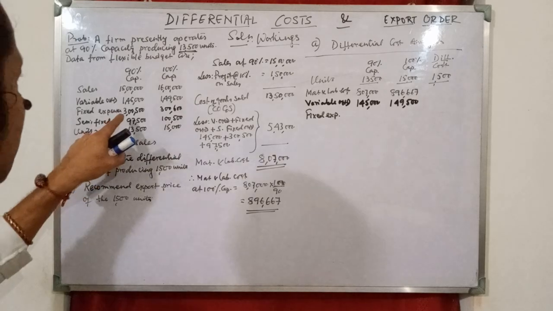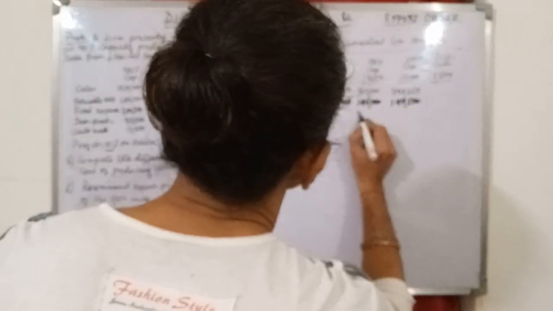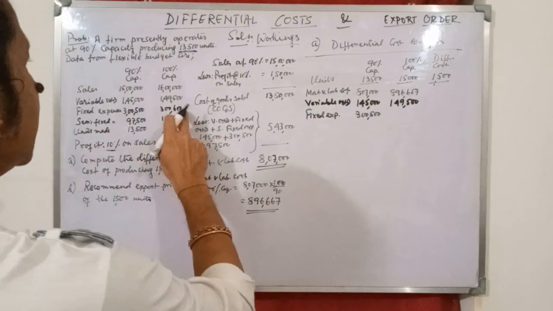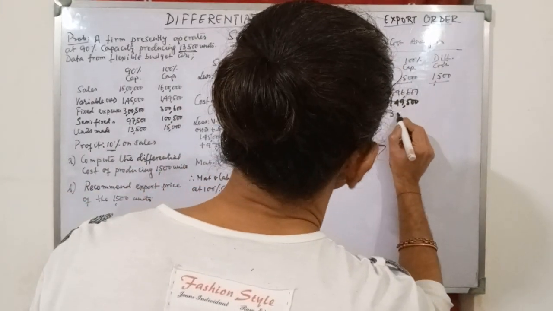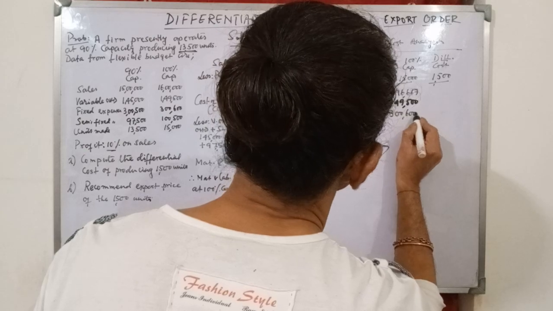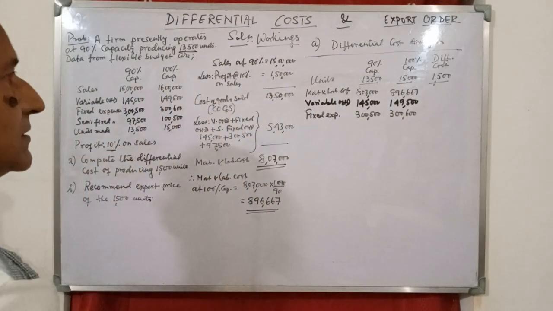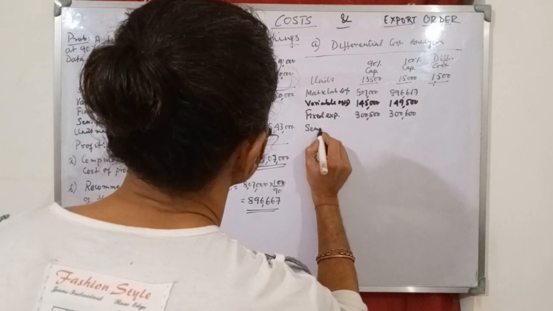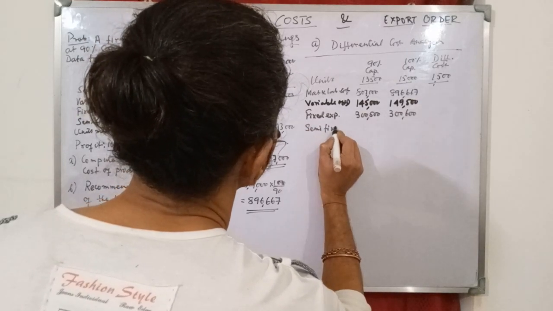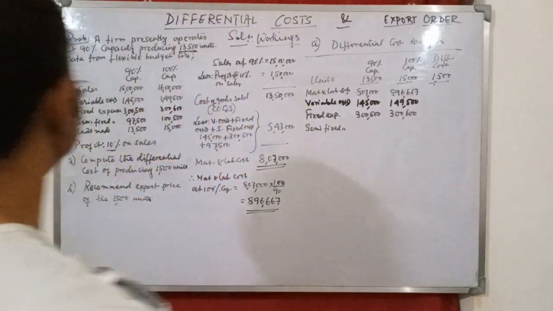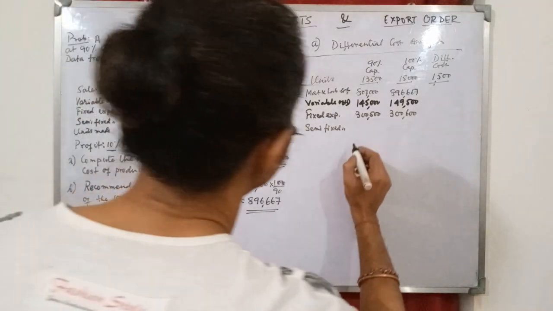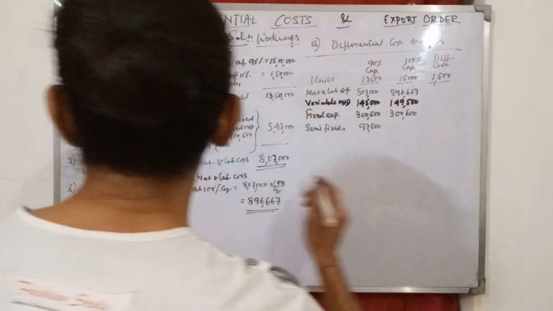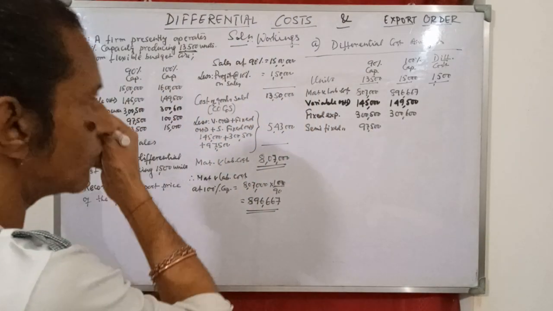Here we have 3,500,000 and here it is 3,600,000. And semi-fixed expenses. How much? 97,500 at 90% capacity, and at 100% capacity it is 1,500,000.